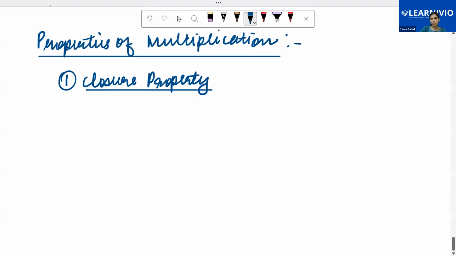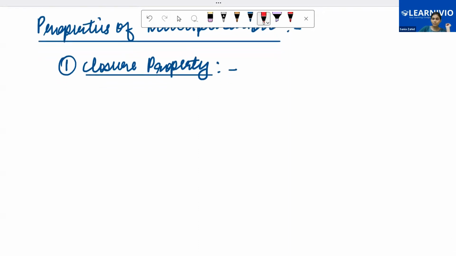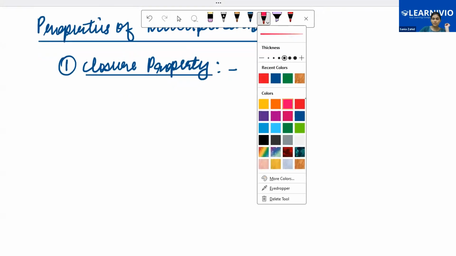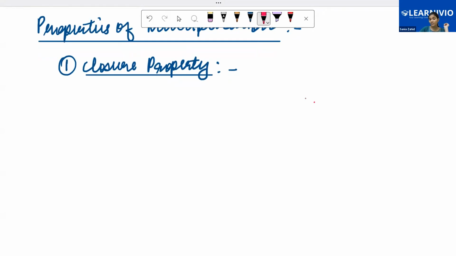What was the closure property? For addition and subtraction, it meant that whenever we are adding or subtracting two numbers, we got an integer only. Now closure property is true here also. That means whenever we are multiplying two integers, we'll get an integer only.